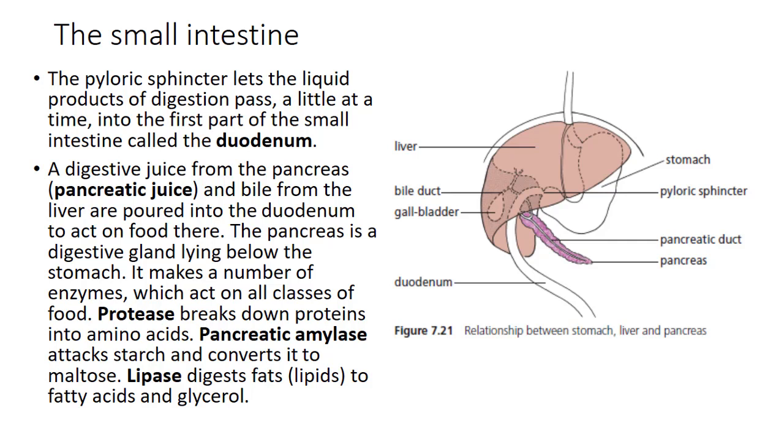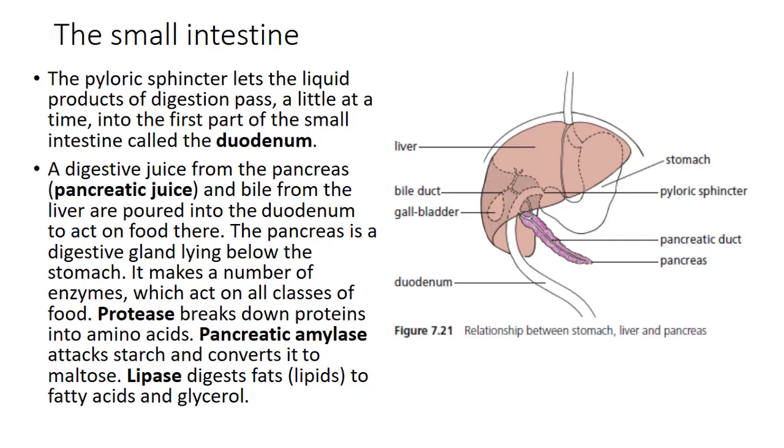You can see here in the text, the bold ones, protease, the enzyme that comes from the pancreas. It breaks down the proteins into small amino acids, and pancreatic amylase attacks starch and converts it into maltose.